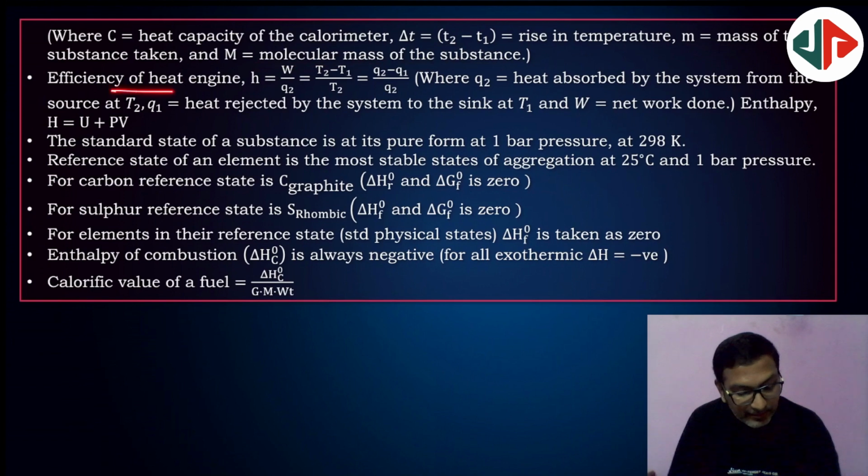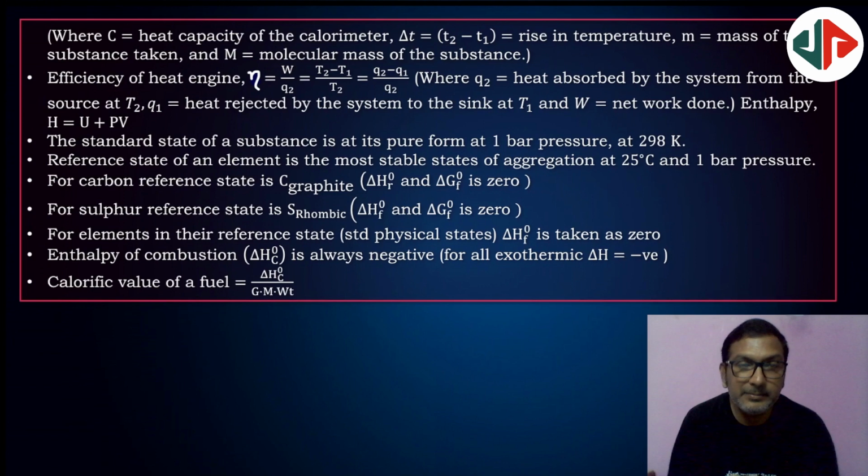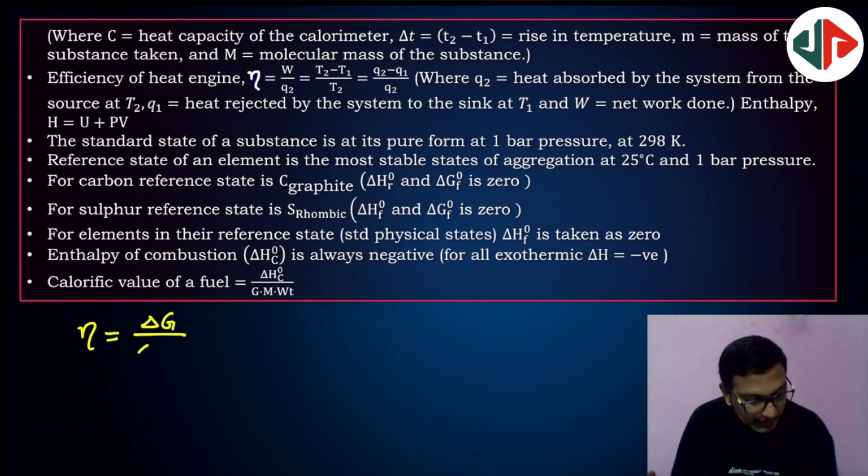Next, efficiency of heat engine. Efficiency denoted with eta equal to work done by heat absorbed. Or we can write efficiency equal to delta G by delta H. Useful work done by amount of heat absorbed.